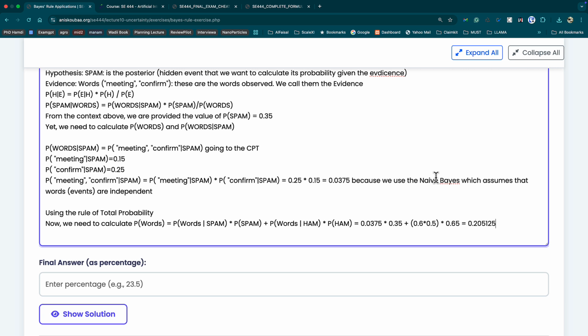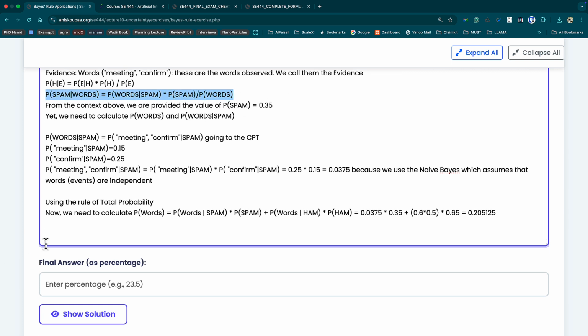I think, right? So now we have everything to calculate this. I'm going to come back to this formula. Okay? And I will just bring the values.